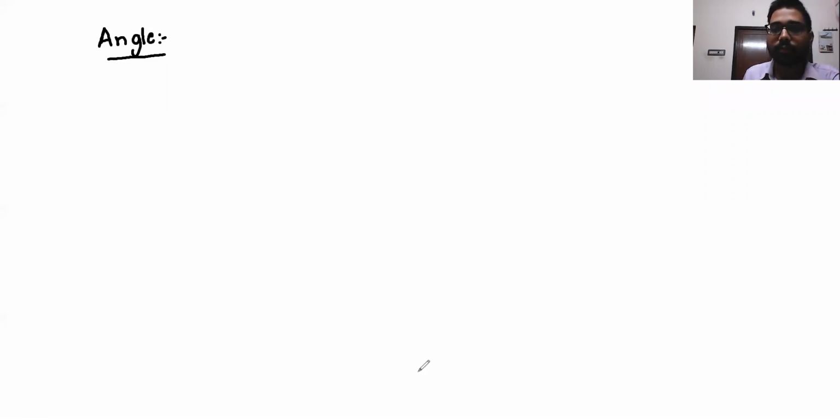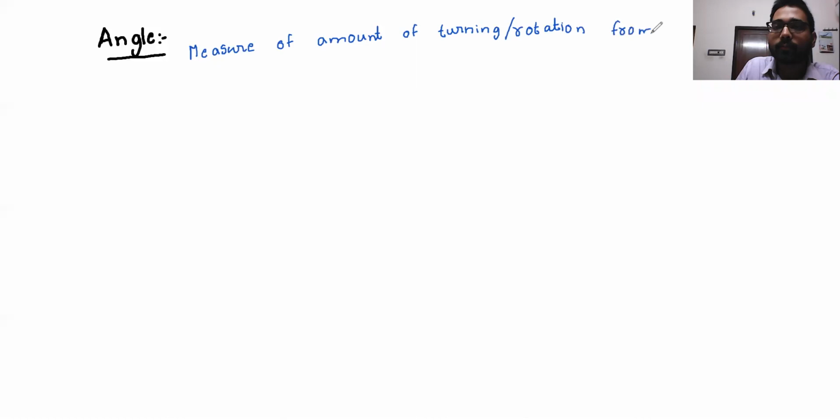Okay, let me reduce the lines. So angle is nothing but the measure of the amount of turning or rotation from the given reference, because to measure anything we need some reference, right?